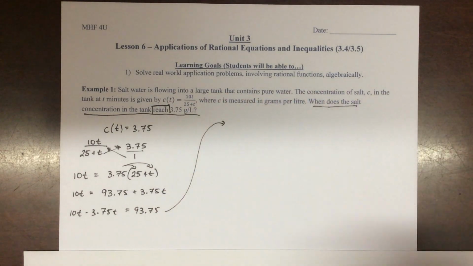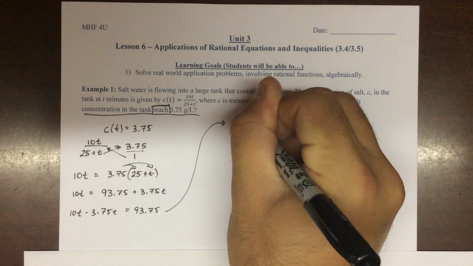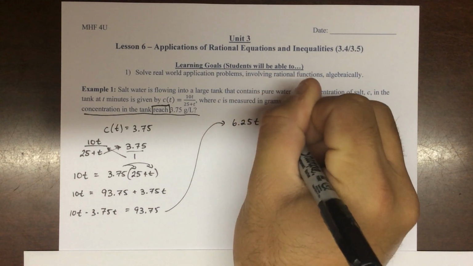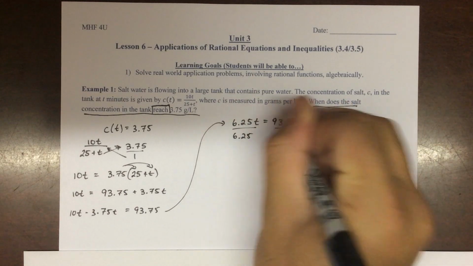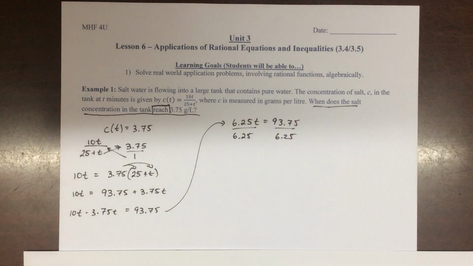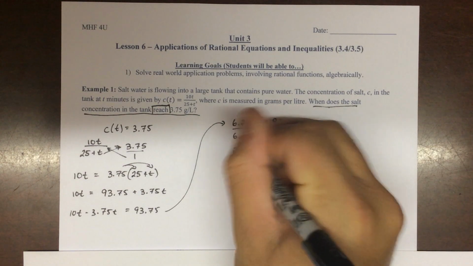We're left with 6.25t equals 93.75. When we isolate for t by dividing each side by 6.25, we are left with 15. So t is equal to 15.